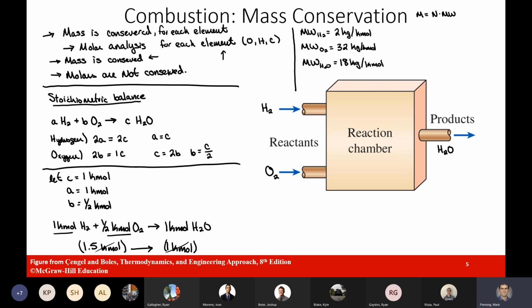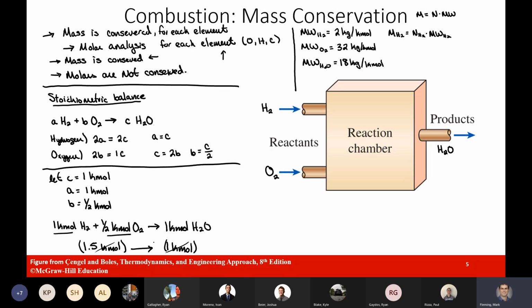And we said, okay, we wanted the mass of the hydrogen. So mass of the hydrogen would equal the number of moles of the hydrogen times the molecular weight of hydrogen. And so what we're going to do is come over here to our stoichiometric balance. The coefficient that we had for this is going to be the number of moles.